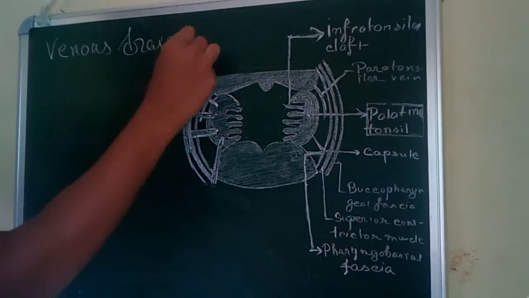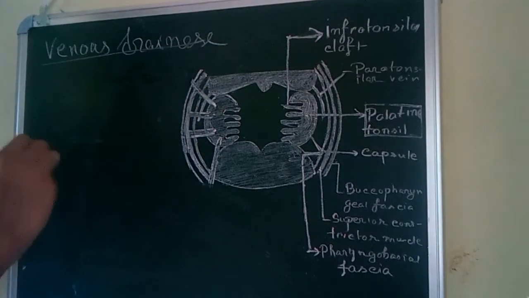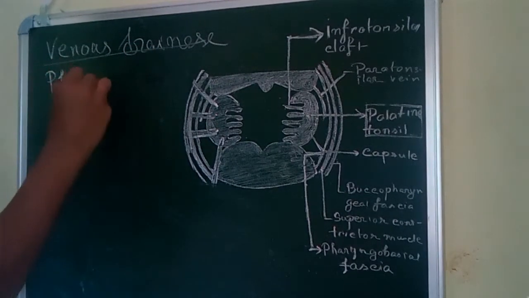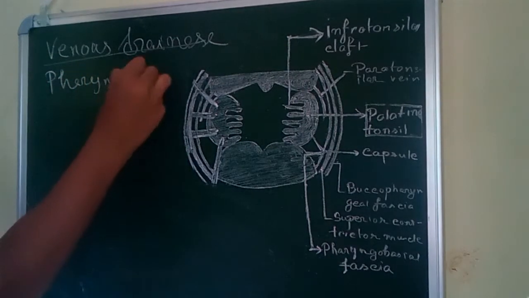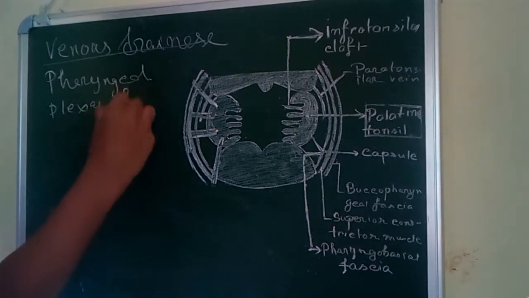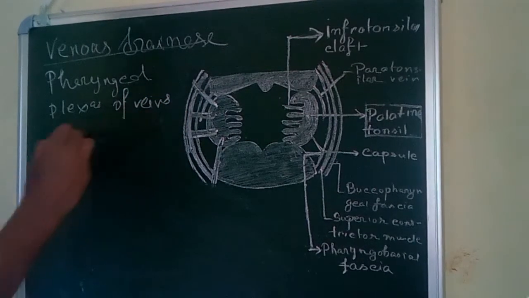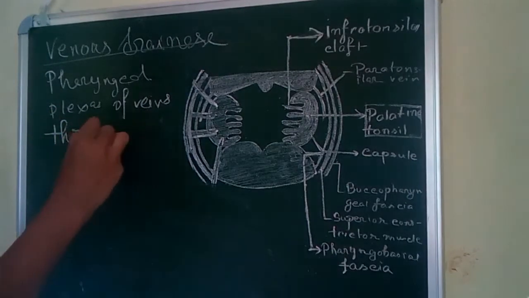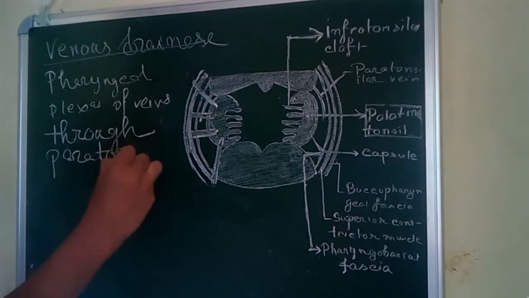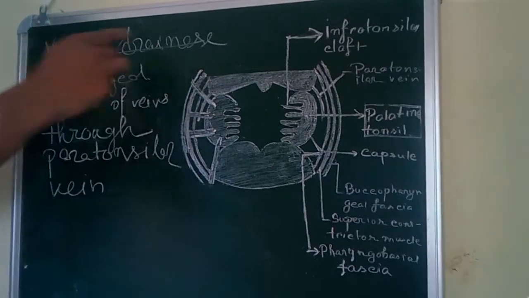The veins drain into the pharyngeal plexus of veins through the paratonsillar vein.